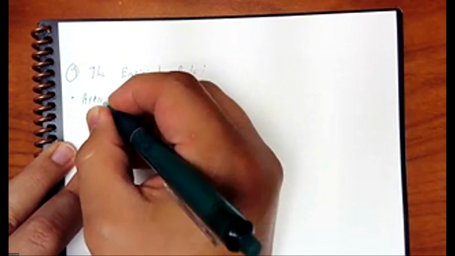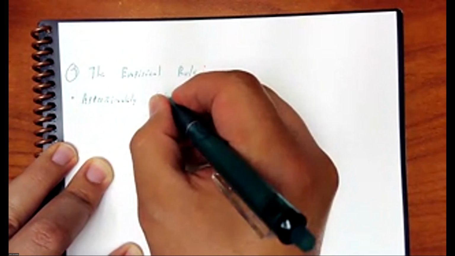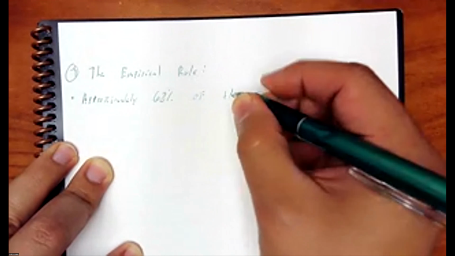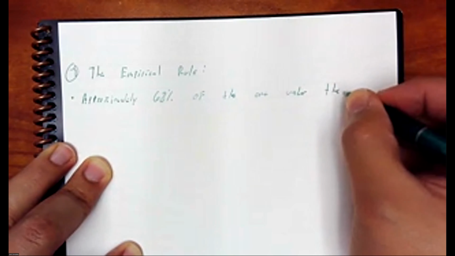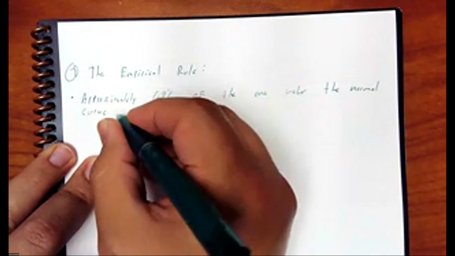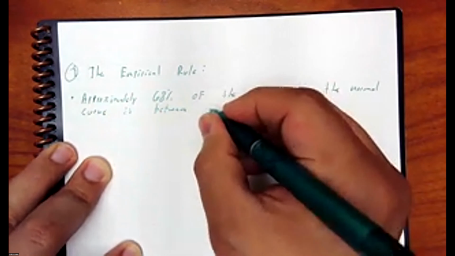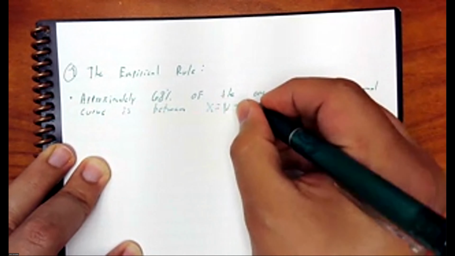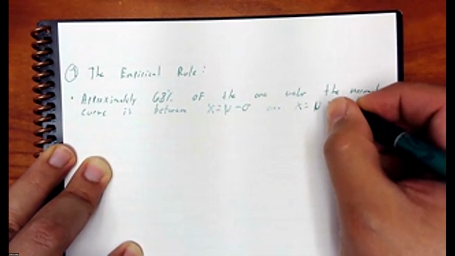Approximately 68% of the area under the normal curve is between x equal to mu minus sigma and x equal to mu plus sigma.